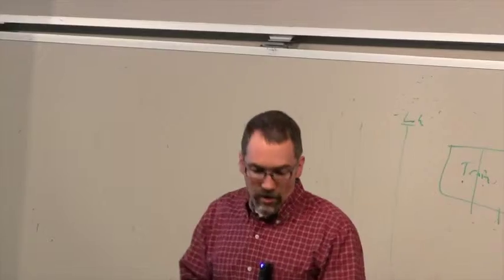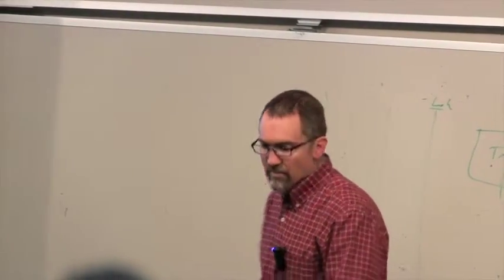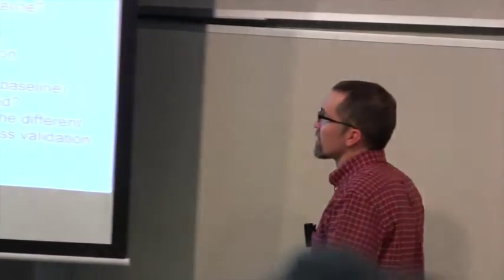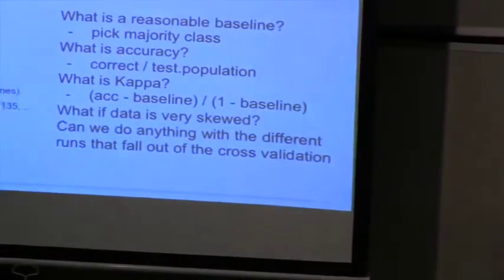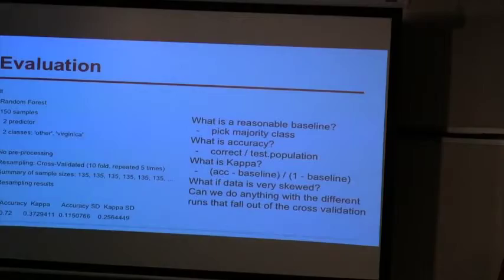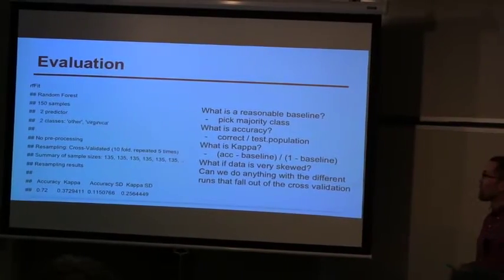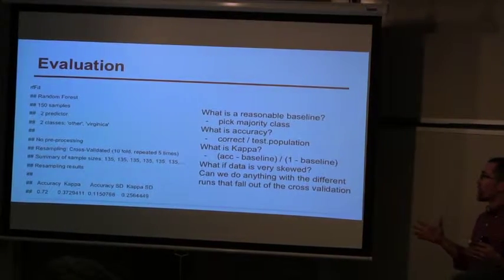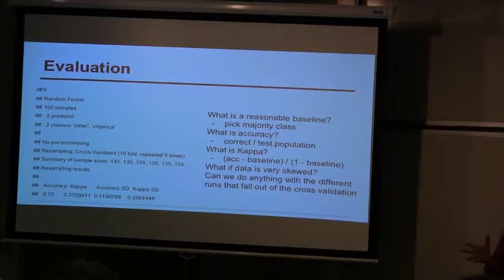And I think one thing when you do an evaluation is, what's your baseline? Like how hard is this problem? For example, one thing is just to pick the majority class. So first of all, what's your metric? One common metric would just be accuracy, which is if I have 10 things that I have to classify, what percentage did I get correct?